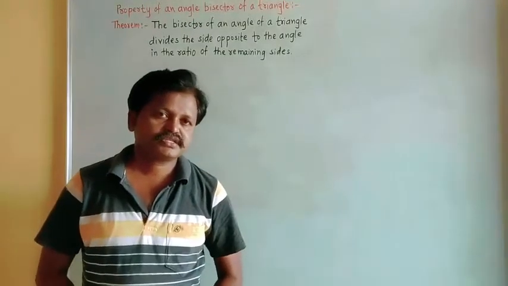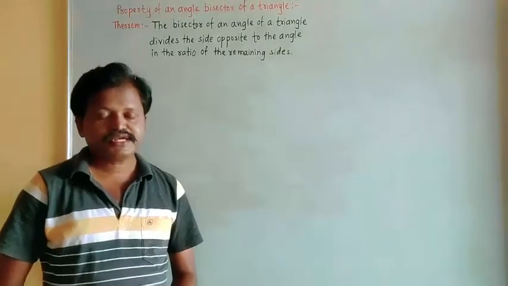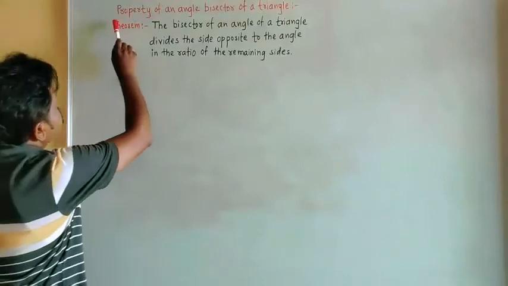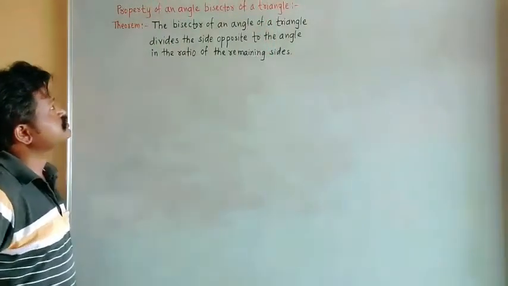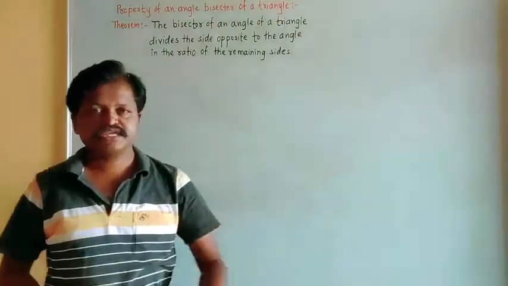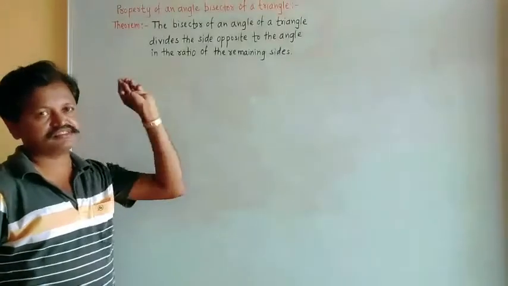So we see here the theorem in the form of property. That is the property of an angle bisector of a triangle. त्रिकोणातील कोन दुभाजकाचा गुणधर्म आपण थेरमच्या रूपात पाहतोय. So what is the statement of this theorem?